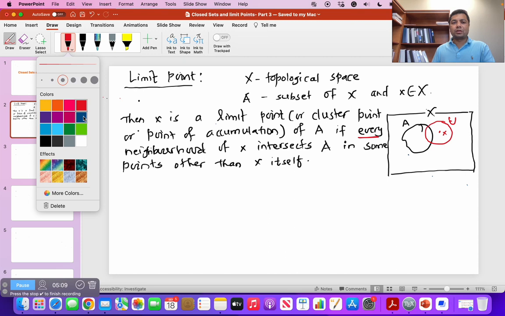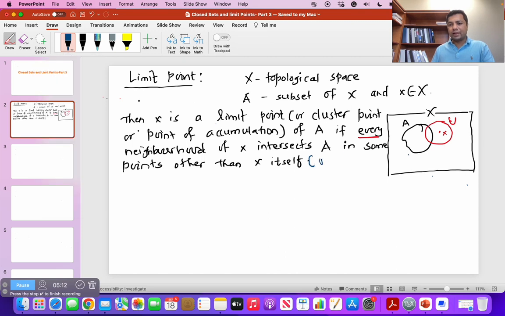Then the point x is called a limit point. Since it says every neighborhood, that is, if U is an arbitrary neighborhood of x, then U should intersect A at some point other than x.